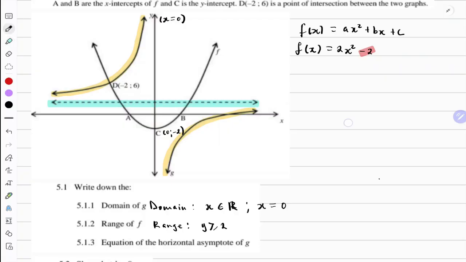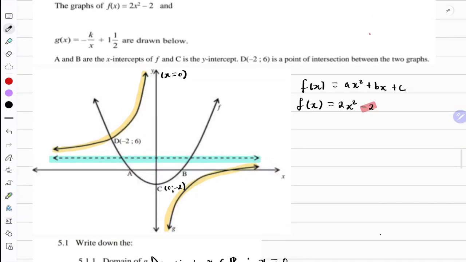And we've seen in the equation given, g of x is equal to negative k over x plus 1.5. This 1.5 represents the horizontal asymptote. It comes from the general form, g of x is equal to k over x plus q, where q represents the horizontal asymptote. So in this case, it's 1.5.